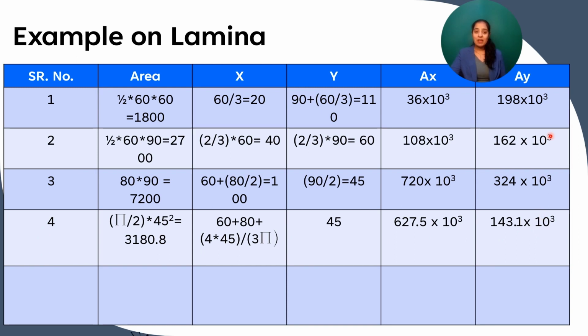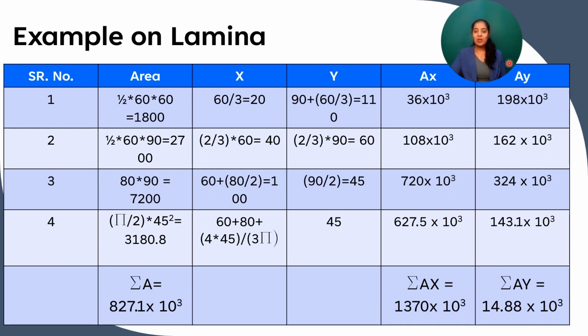So the next step is calculating the summation of area of all the components. It is this figure. And the next step is calculating the summation of the product of A into X. And now calculate the summation of the product of A into Y.